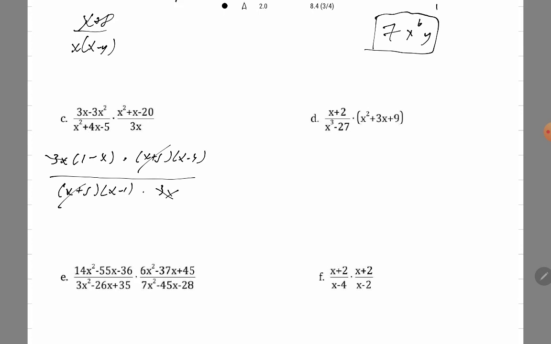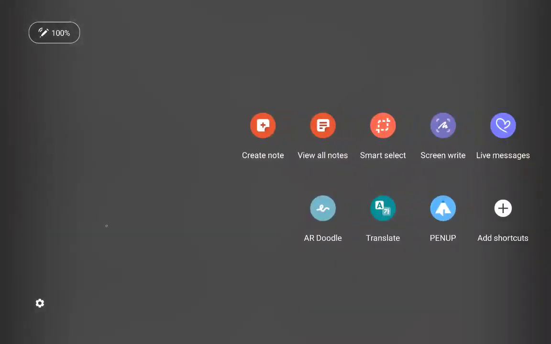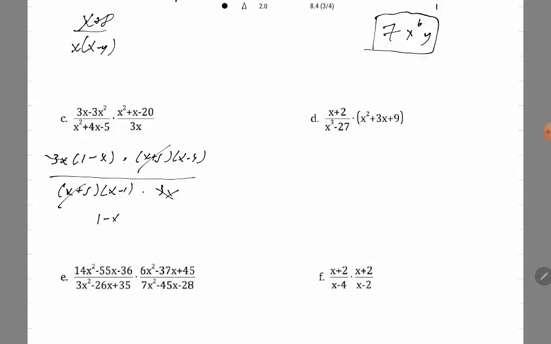Okay, so I'm left with 1 minus x over, or times x minus 4, over x minus 1. Okay.